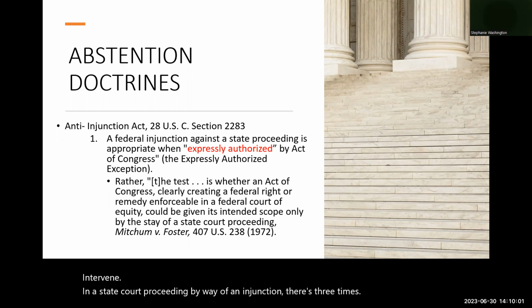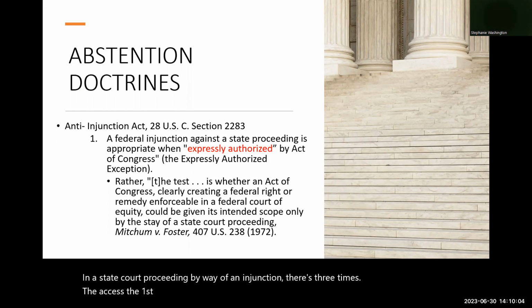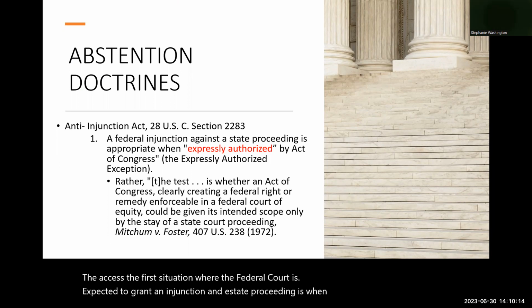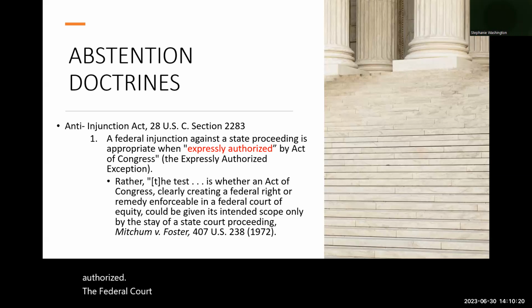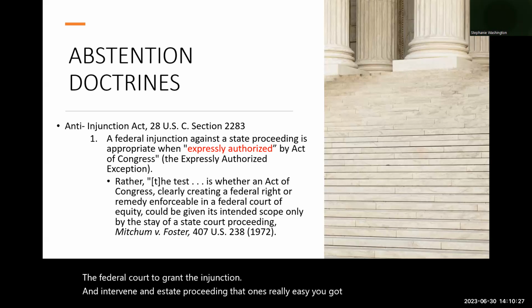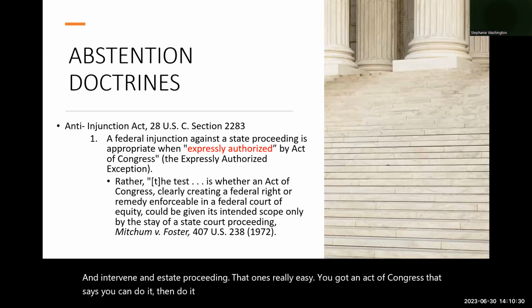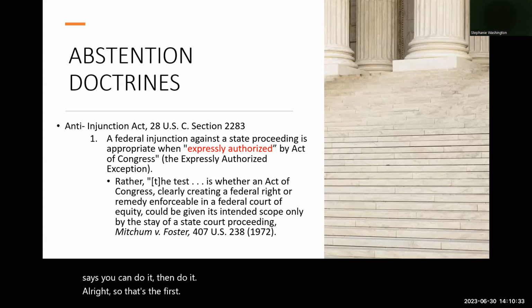The act says the first situation where the federal court is expected to grant an injunction in a state proceeding is when Congress has expressly authorized the federal court to grant the injunction and intervene in a state proceeding. That one's really easy. If you've got an act of Congress that says you can do it, do it. All right. So that's the first occasion when a federal court can intervene via injunction into a state proceeding.